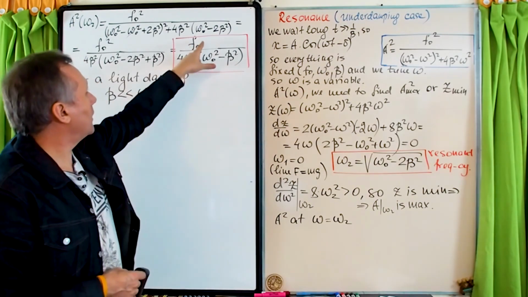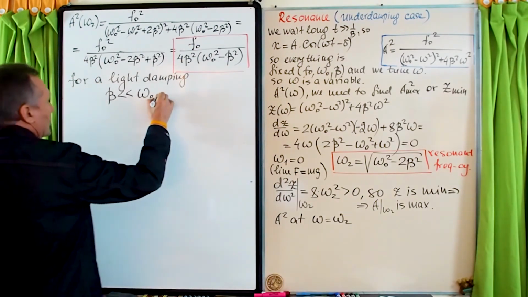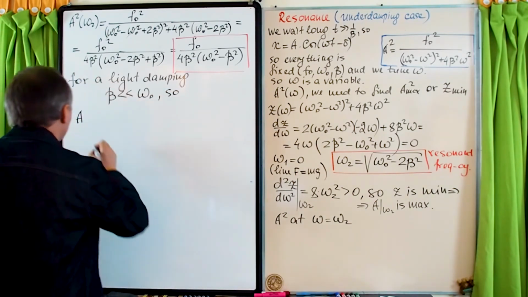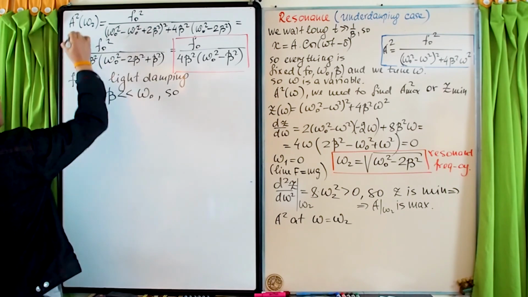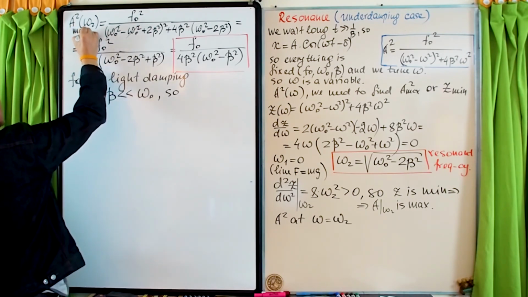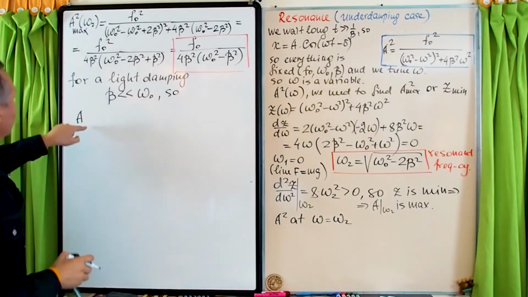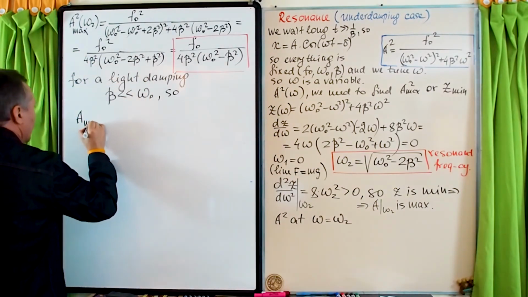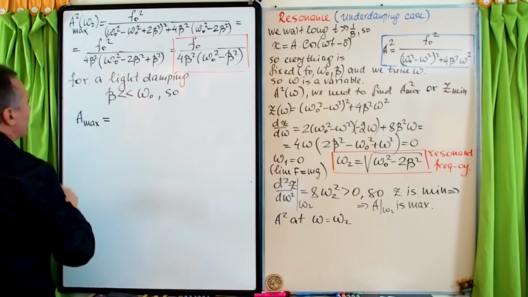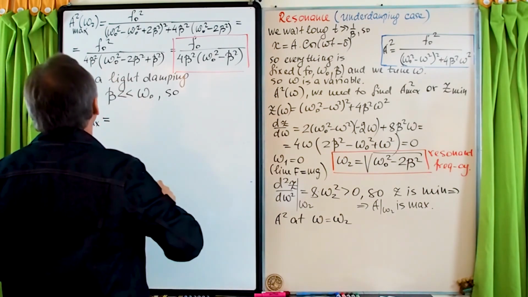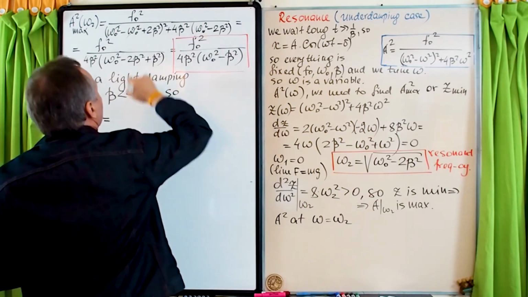So we'll have f naught. So A, I think I can write, and probably I should here add subscript max. So A max equals, now I will take a square root. Okay, I forgot here the square root.